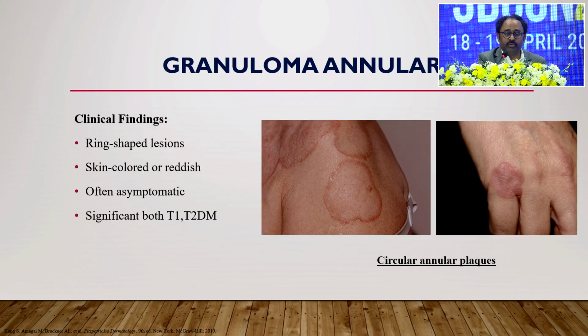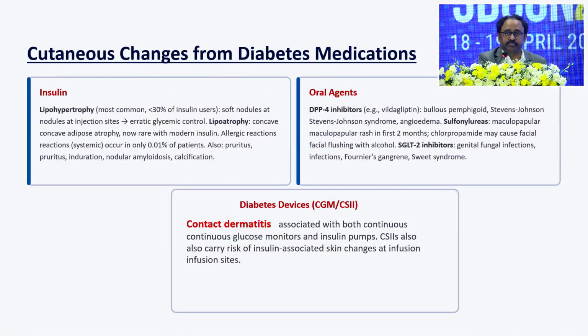Granuloma annulare, once again, is significant in both type 1 and type 2 diabetic patients. A ring-shaped lesion looks like a fungal infection, but is granuloma annulare, skin-colored and circular annular plaques. This also contributes to both microangiopathies, in the form of neuropathy as well as retinopathy.